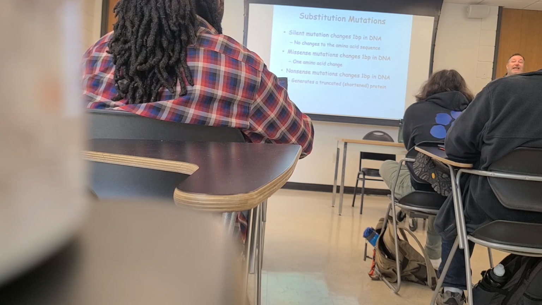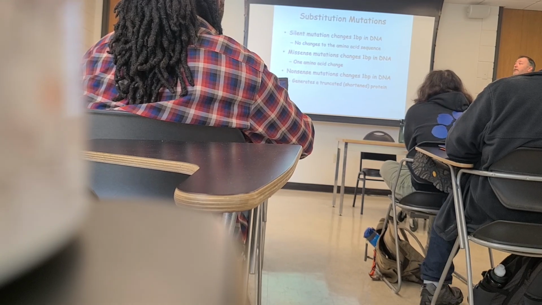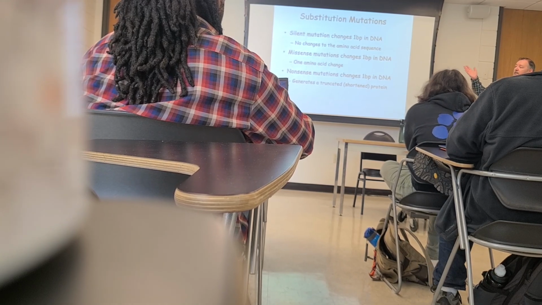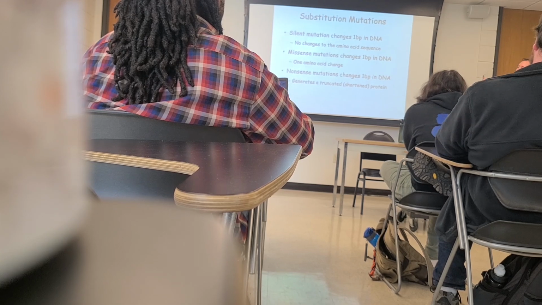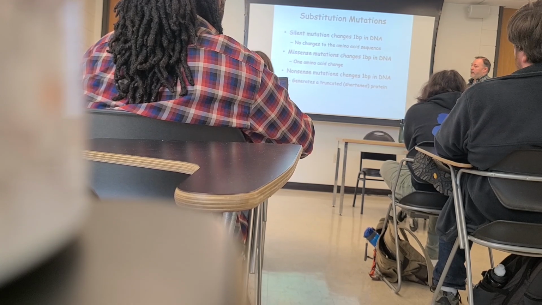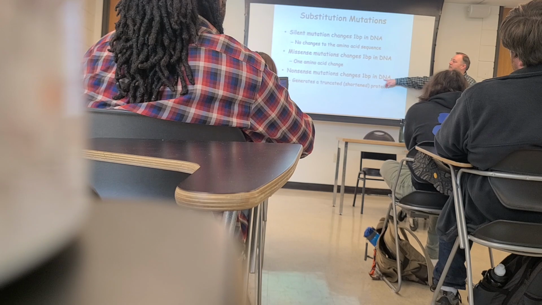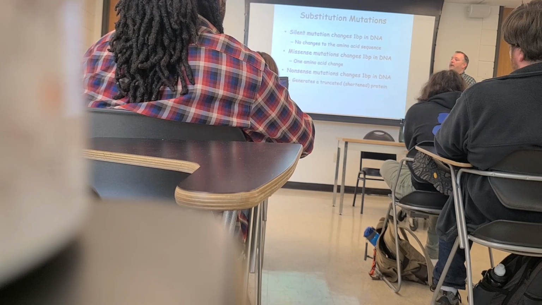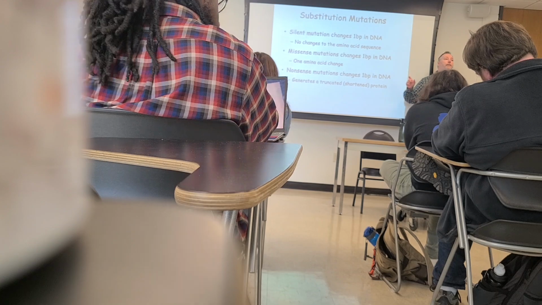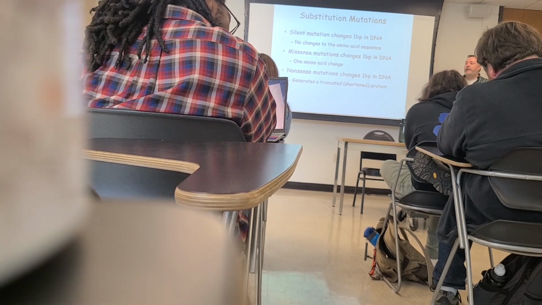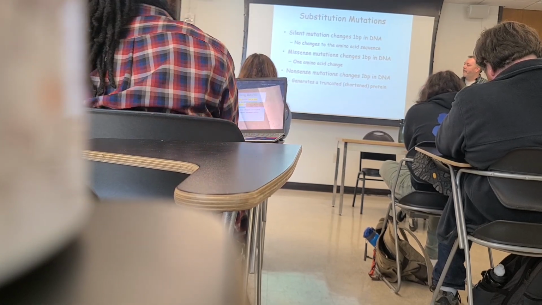A silent mutation is a neutral change. A missense mutation has different possibilities: good, bad, or neutral. Nonsense mutations are always going to be bad changes. They're going to have a negative effect on protein function. They're called nonsense because in this type of change, a stop codon is present early in the coding sequence of the RNA.